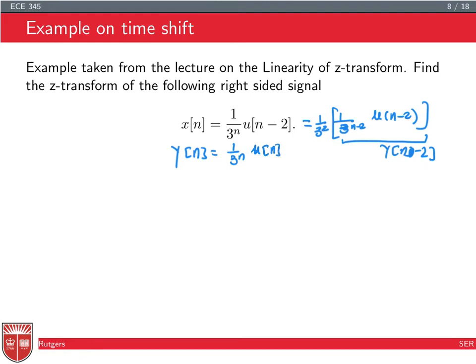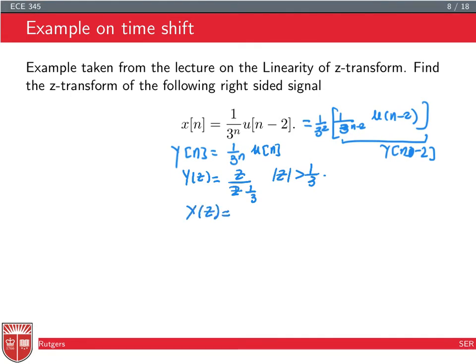Now I know from what we've learned before that Y of z is equal to z divided by z minus 1/3. Because this is a right-sided signal, z is greater than 1/3. Now I can apply the formula.